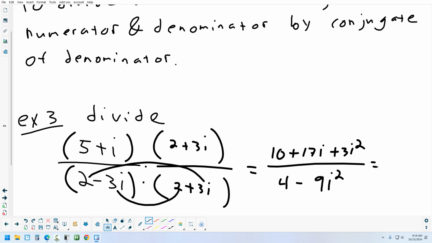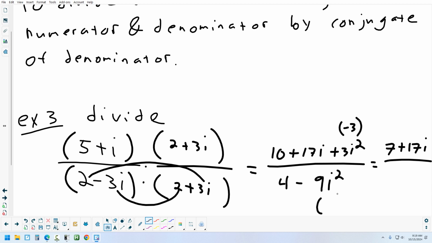Now we'll clean that up a little more. 3i squared is really what number? Negative 3. So what am I going to end up with in the top when I simplify 10 plus 17i minus 3? 7 plus 17i, perfect.